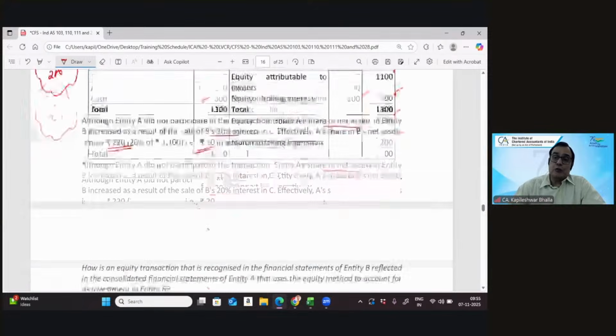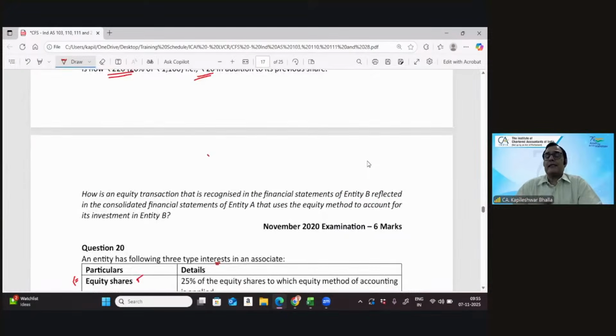So the agenda basically is that in this particular case, when the net assets of the associate company increase by 20, your entry will be investment debit. Are you going to give a credit to P&L, OCI, or are you going to credit equity? What do you say? Because we said we're going to do mirror accounting.